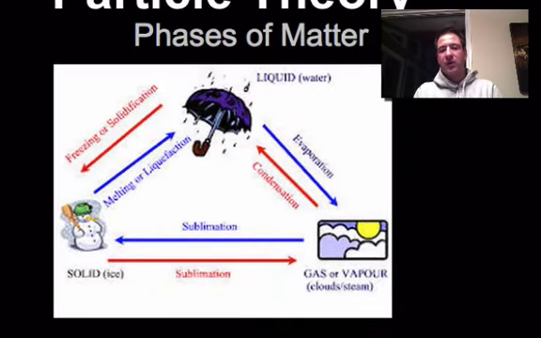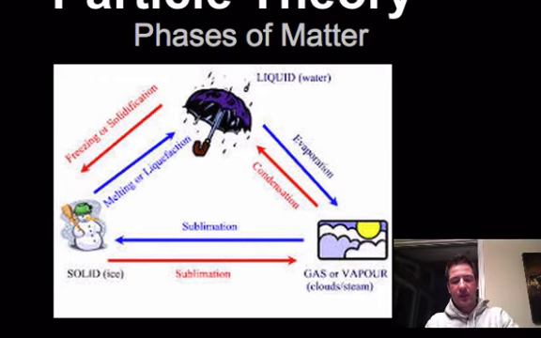Now the last thing we're going to talk about is this diagram right here. This is basically outlining that there's 3 states. So we have liquid, like water. We have over here a solid, ice. Then we have gas.